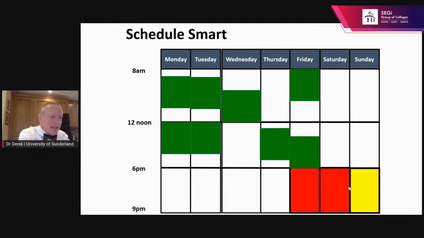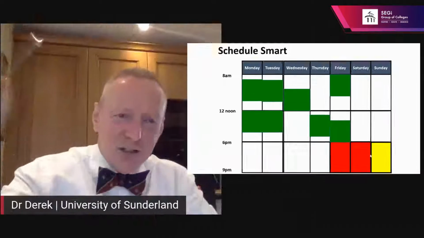But what I am saying is, you've got 7 days in a week, and you need to take your Friday evening off or Saturday evening. If you find yourself having to study on a Friday or Saturday evening, my answer to you is, you have serious issues. You should be out there enjoying yourself.